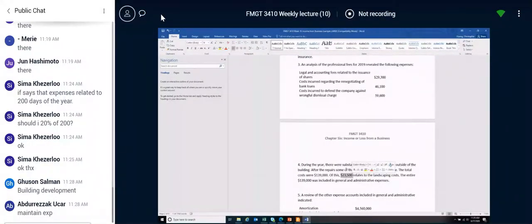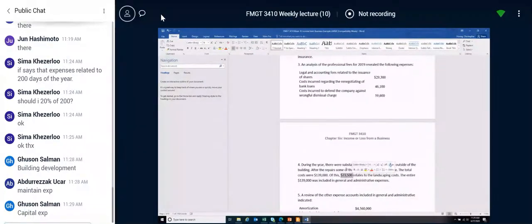Because your response, Gusan, is a bit vague. Okay, so Gusan says capital. How about anyone else? I've only got Abdurzak and Gusan who said something. What does everyone else think?